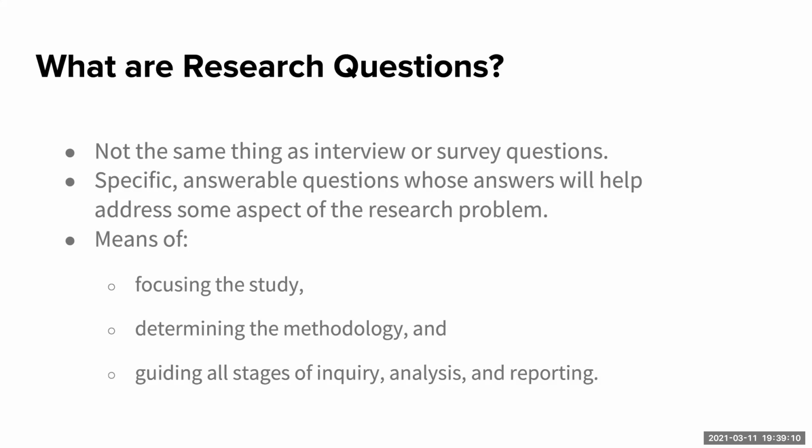And they're a really helpful way of guiding the inquiry that you do, your analysis, and the reporting. One of the things you do in your chapter 5 is you will provide the answers to the research questions and then discuss, well, okay, what does this mean now that we know that?